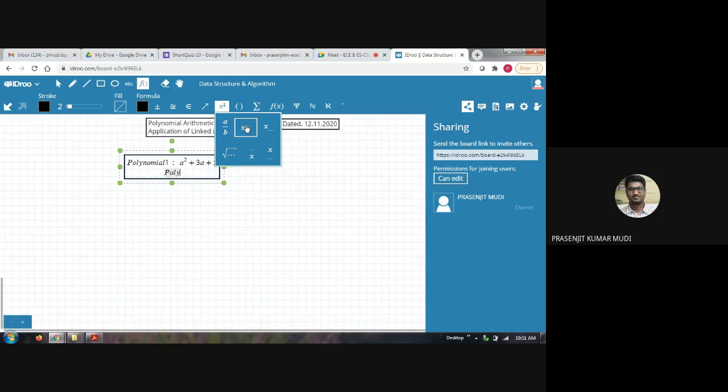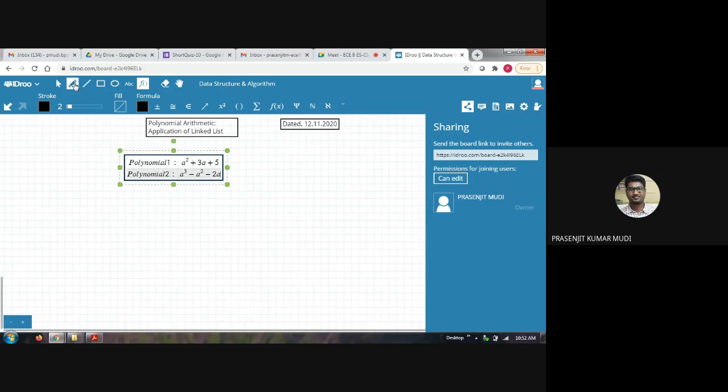Then we take another polynomial, polynomial 2: a cube minus a square minus 2a. That's it. So how do we evaluate this addition? If I want to perform the addition operation on these two polynomials, polynomial 1 plus polynomial 2, how can I do that?